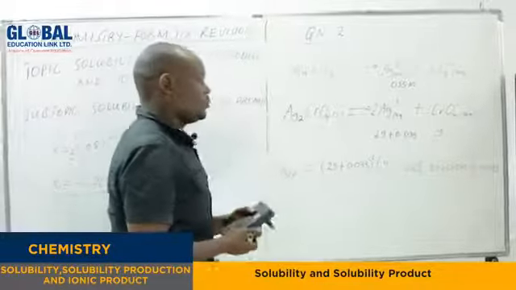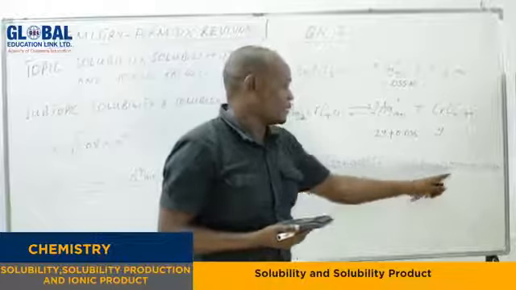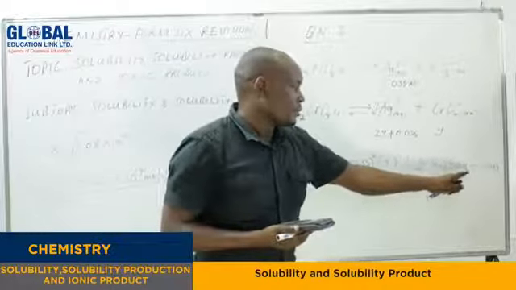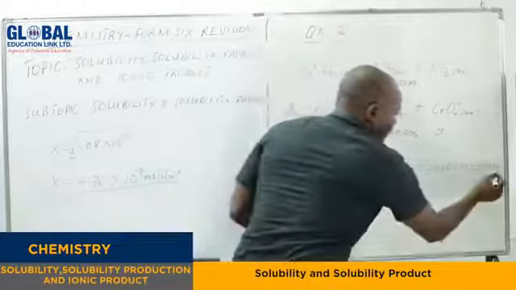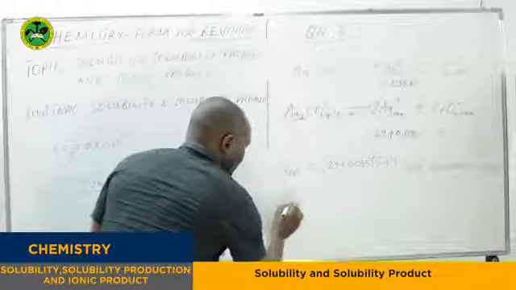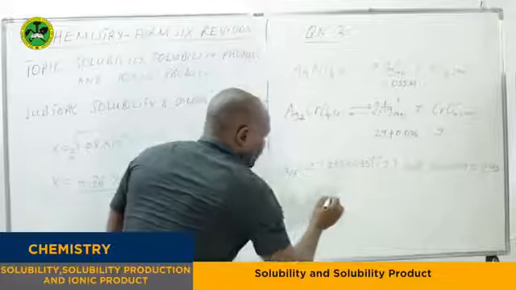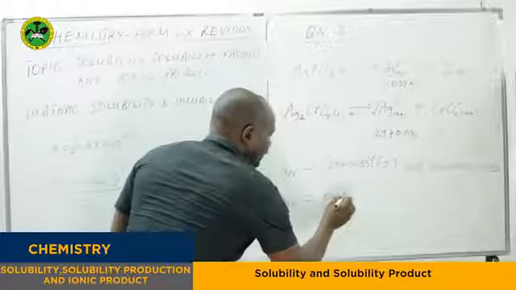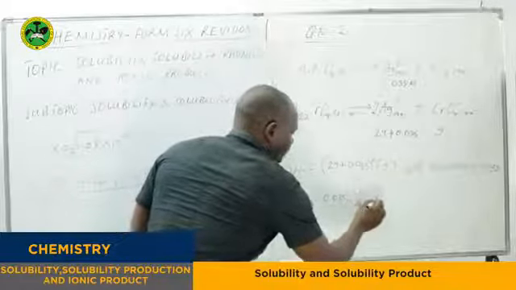Why? This is due to the very small value of Y. So when multiplied by 2, then plus 0.035, it doesn't affect the constant. So it remains 0.035. So our KSP will be equal to 0.035 squared, times Y.